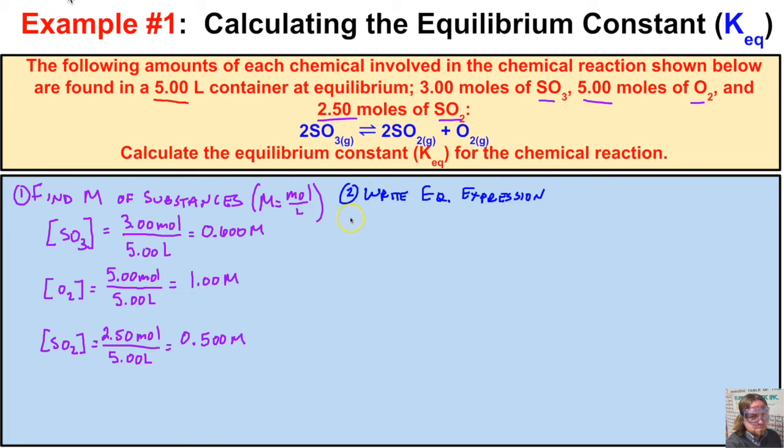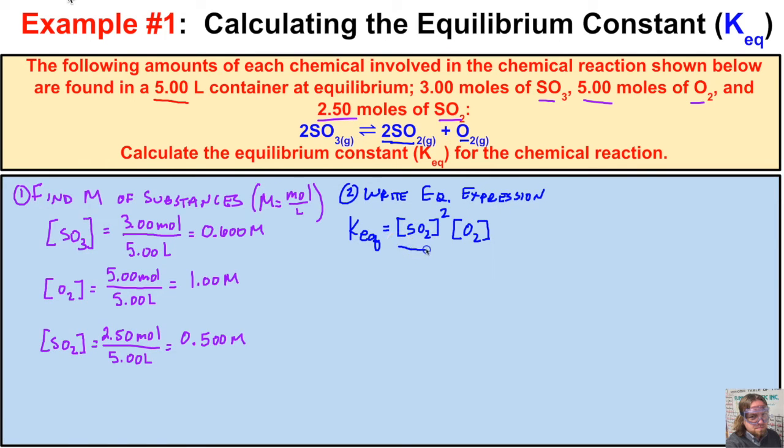We said that Keq, which is our equilibrium constant, is going to equal the concentration of our products. In this case here, the concentration of our first product, which is SO2, squared, since the coefficient here is a 2, times the concentration of our next product, which is O2, and we have a 1 as the coefficient, so this will be an exponent of 1 here that we don't need to write.